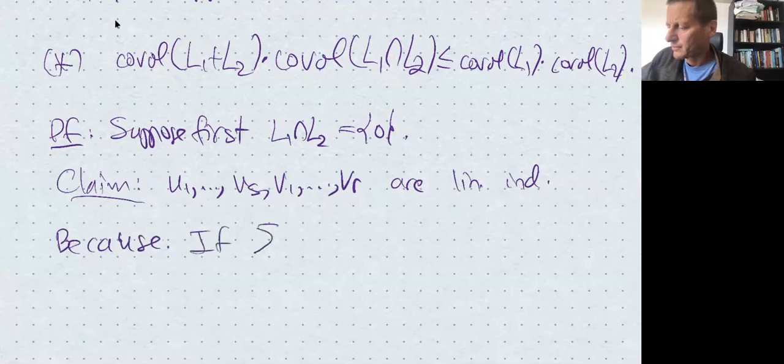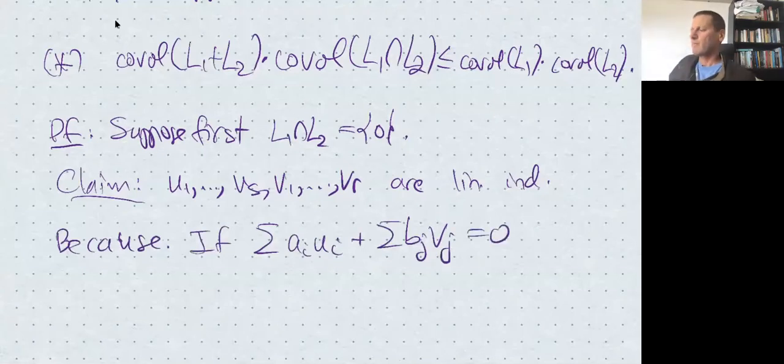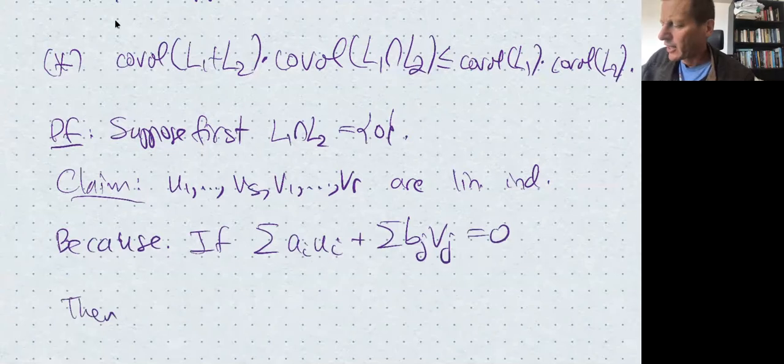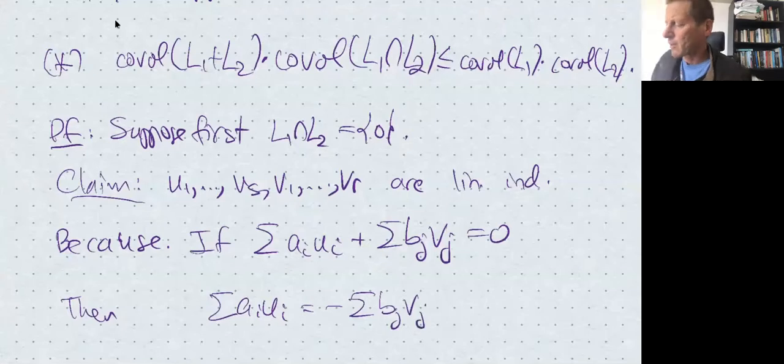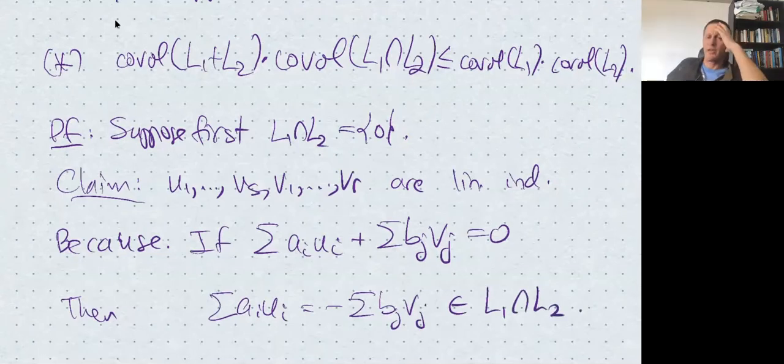And here's the proof, because if you can get 0 as a linear combination, then you can split this linear combination up as follows. So you get that the sum of AI UI is minus the sum of BJ VJ. And so this element belongs to L1 intersect L2. I'm doing exactly what you would expect me to be doing if I was working with vector spaces.